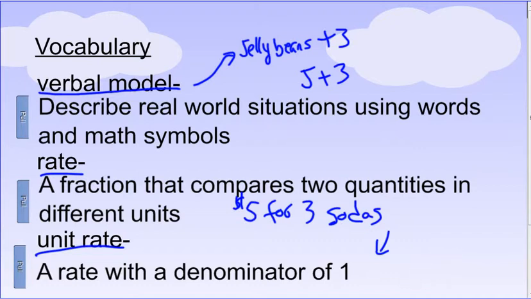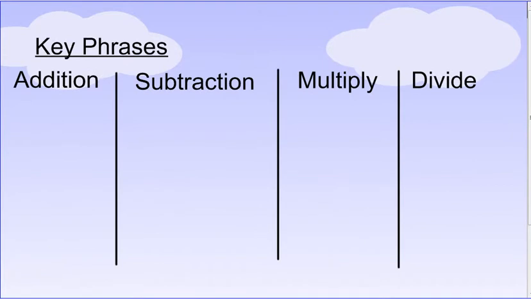Now before we get into really doing a bunch of these problems, you'll see on the note sheet there's this place here where it says key phrases, and I give you some add, subtract, multiply, divide, a section for each. Because we're talking about word problems, it's very good to know what key phrases let you know that this is an addition problem, or let you know that it's a subtraction problem.